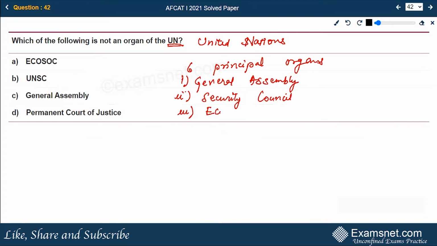Then is Economic and Social Council, which is called ECOSOC. It is for promoting international economic and social cooperation and development. Fourth one is the Secretariat.